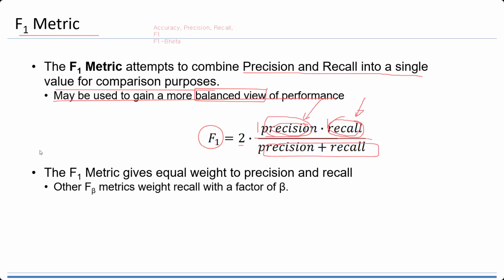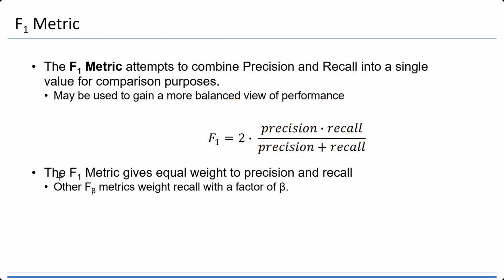But there is another metric, F beta. Okay? So the F1 metric gives equal weight to precision and recall. But F beta means we weight the recall with a factor of beta.